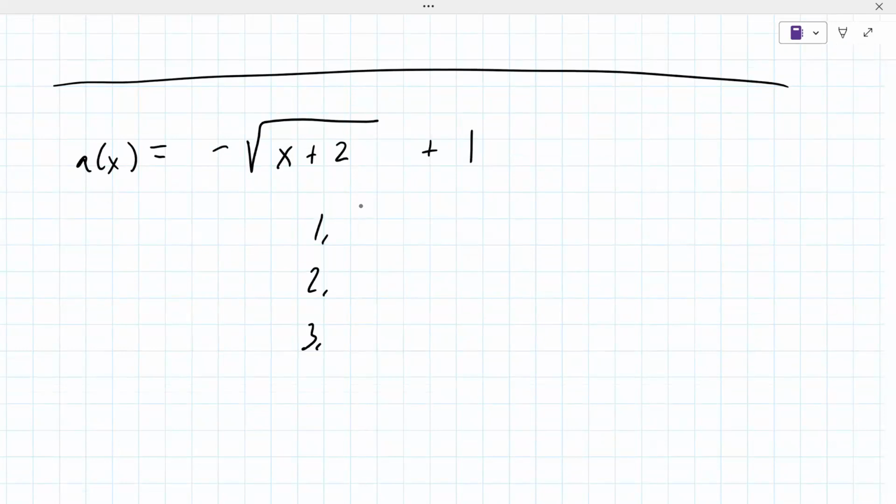Is it still left 2, up 1? Yes, left 2 and up 1. What about this negative out in front? Reflection over x. Good. I feel like you definitely have that down.